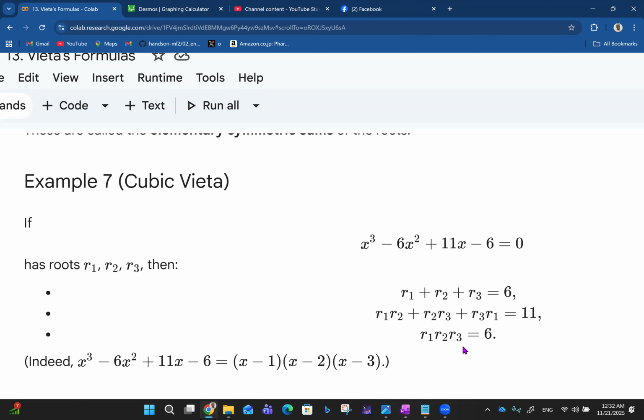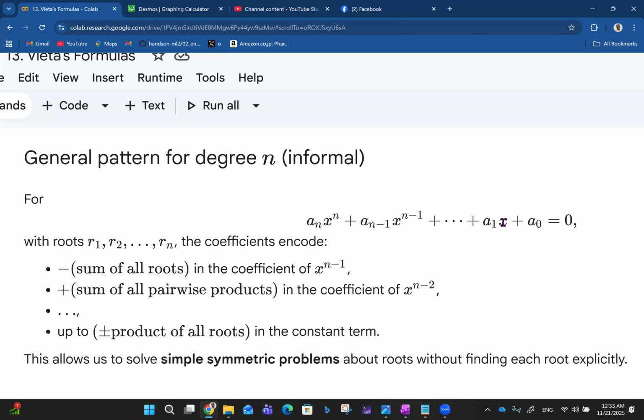So you want to relax and break it down and see how that goes. We can generalize the general pattern for degree n, which is informal now for Vieta. For x to the power n plus a(n-1) x to the power n minus 1, plus all of that up to a1 x plus a0 equals 0, we treat the roots r1, r2 up to rn. The coefficients encode, number 1, minus the sum of all roots in the coefficient of x to the power n. That means r1 plus r2 plus r3 up to rn is equal to minus a(n-1) over an.